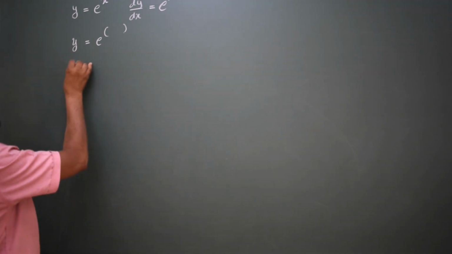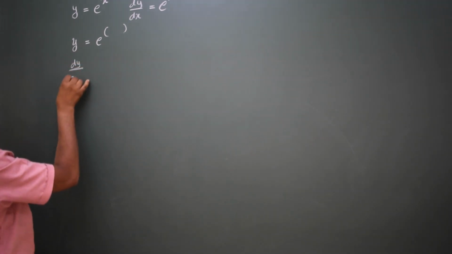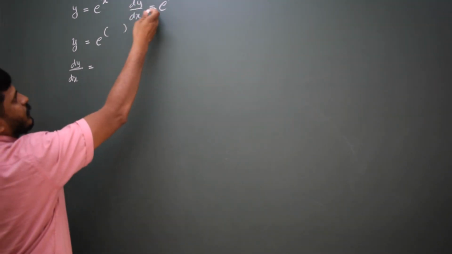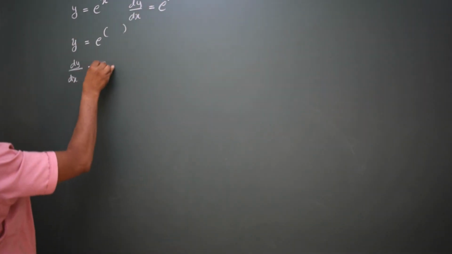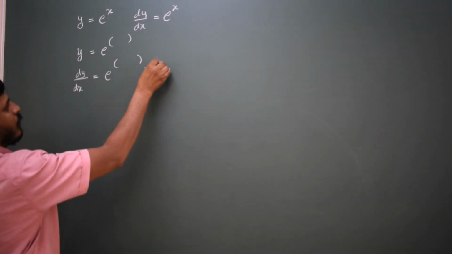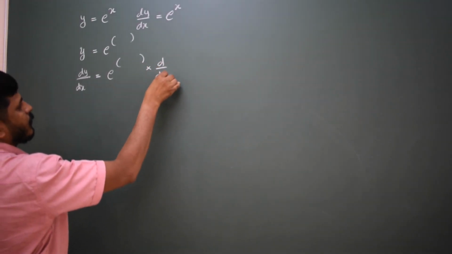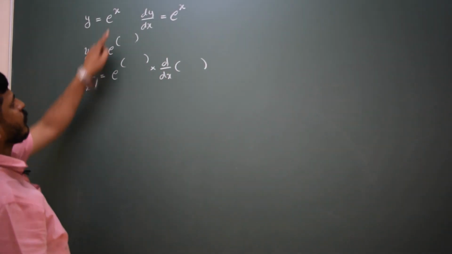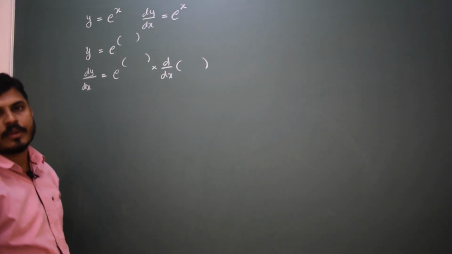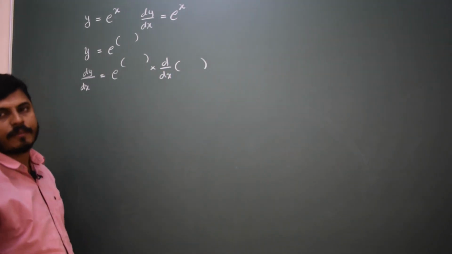Now what is its differentiation? dy by dx is equal to e raised to something, differentiation is e raised to something only. So e raised to something differentiation is e raised to something only into d by dx of something.